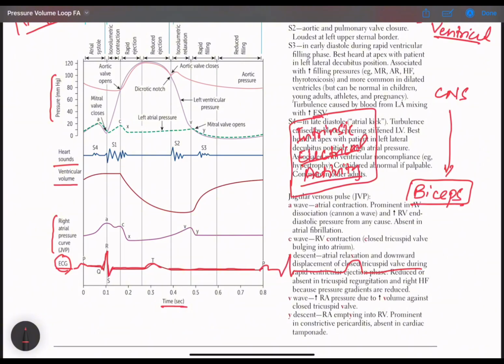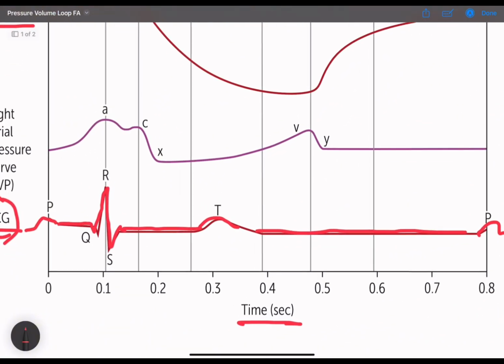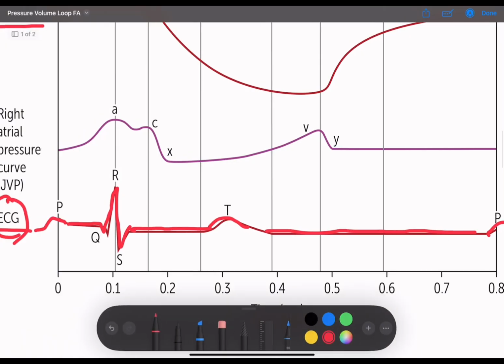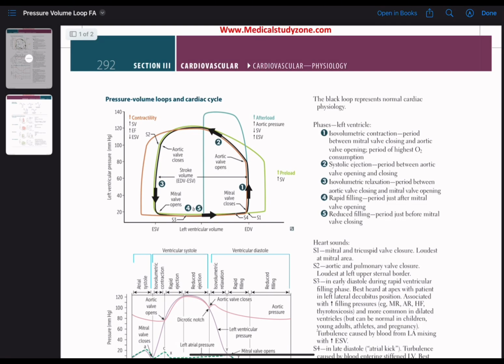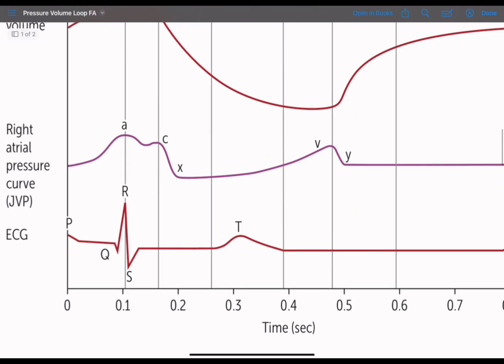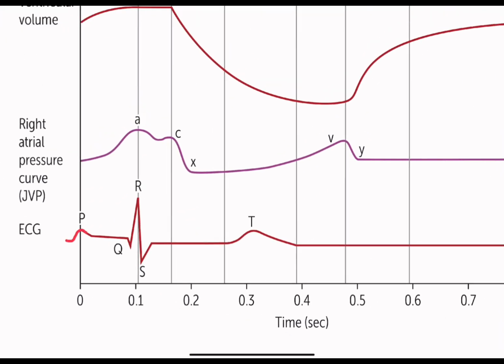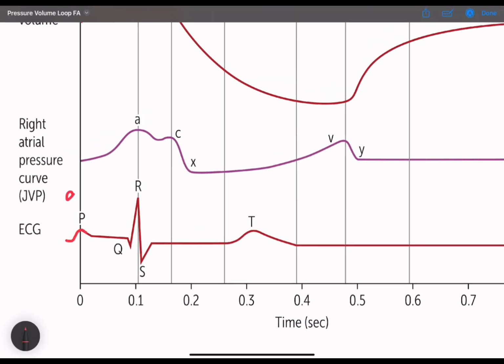So let's review the electrical activity. First of all, we have a P wave. P wave shows atrial depolarization. If you look at the cardiac cycle, P wave shows depolarization of atria.